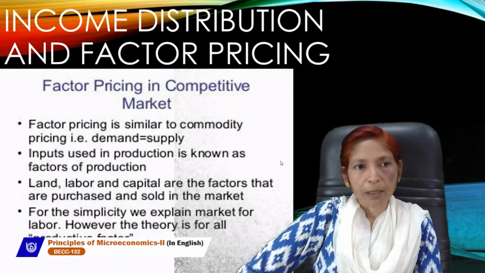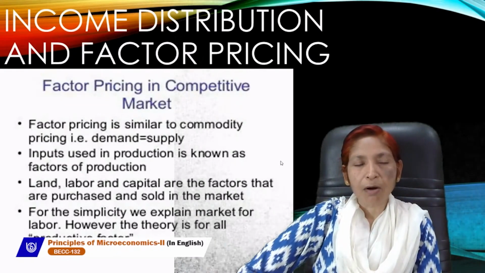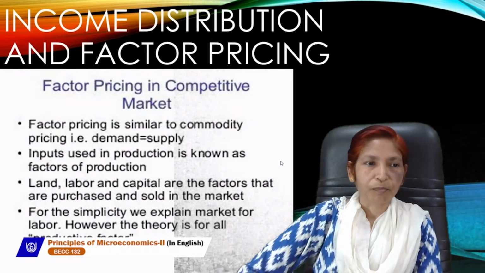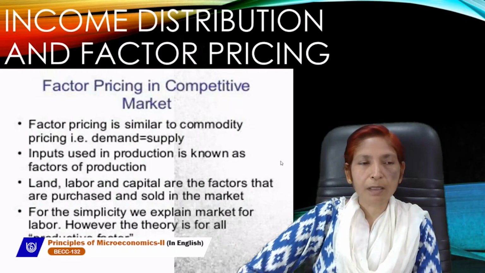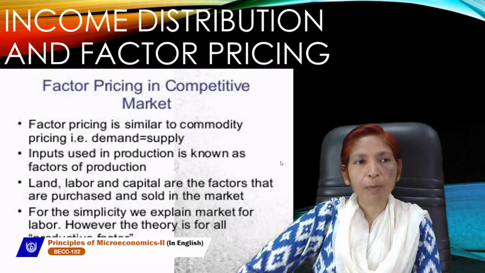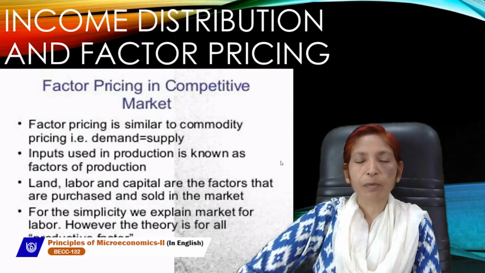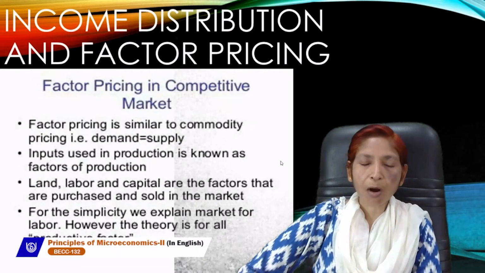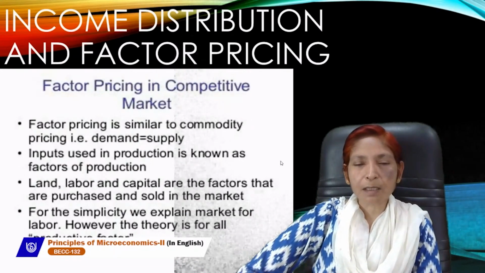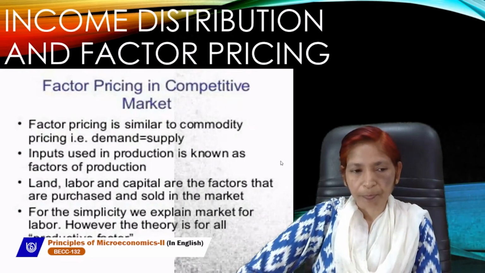In this topic, factor pricing or income distribution, which is very important, you will learn how income is distributed among these factors of production and how factor price is determined.